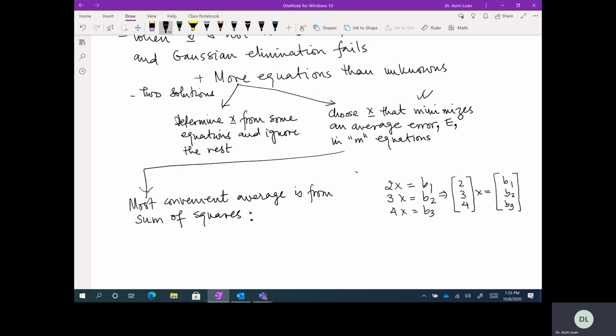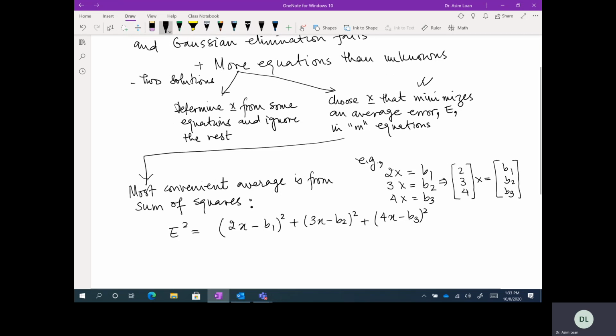Okay. So E squared is (2x minus b1) squared plus (3x minus b2) squared plus (4x minus b3) squared.